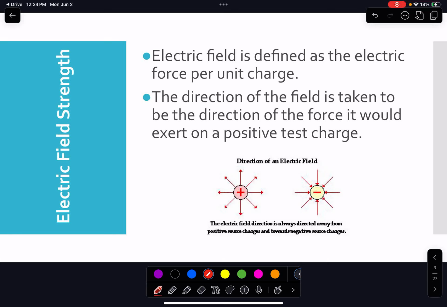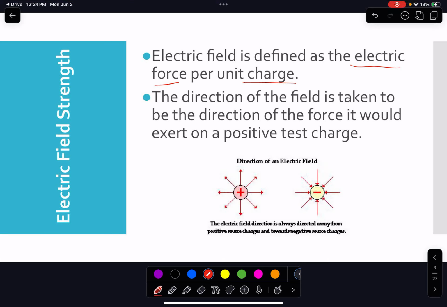So our electric field is defined by the electric force per unit charge. So it is the amount of force it is going to apply per charge. Just like our gravitational field is the amount of force per mass, meaning that if a small meteor came into the region, it would be pulled into our atmosphere, as opposed to maybe a larger piece that wouldn't have quite as much force on it, and so it wouldn't be able to actually be pulled in.